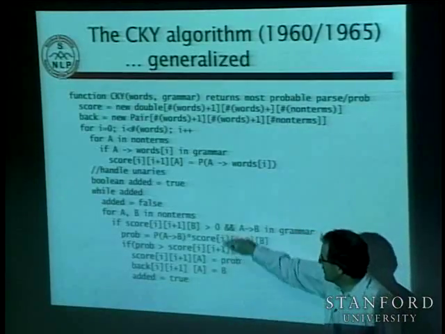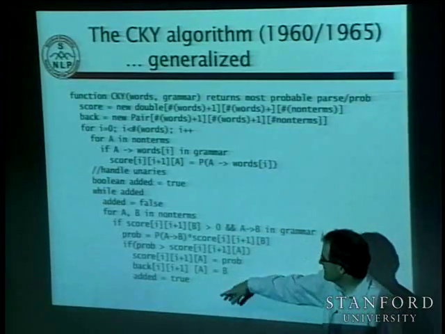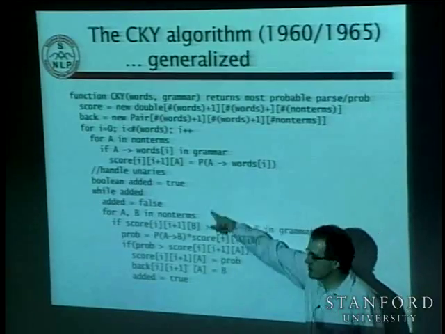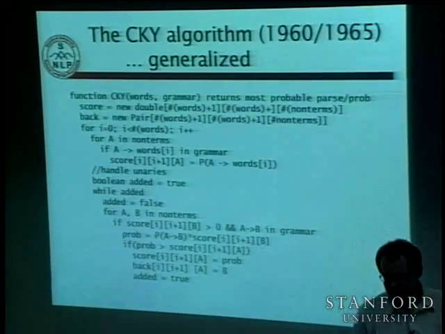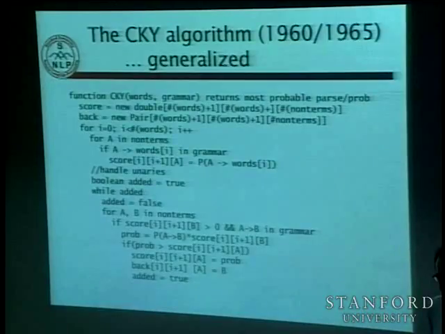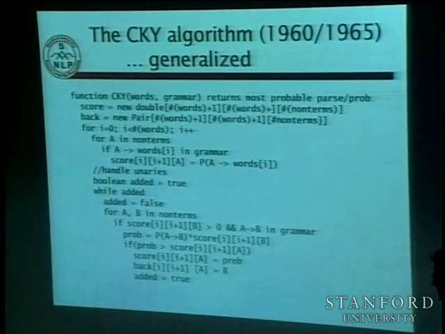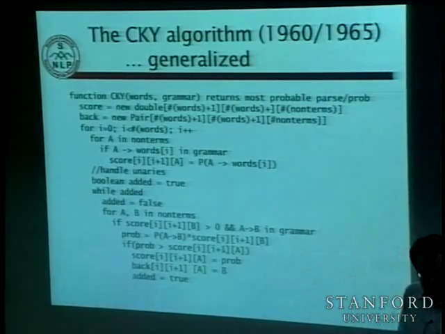And so long as on one pass through I've added something new to the chart, I'll keep on doing multiple passes through this until something stops. Does this have to terminate, or can it go into an infinite loop?